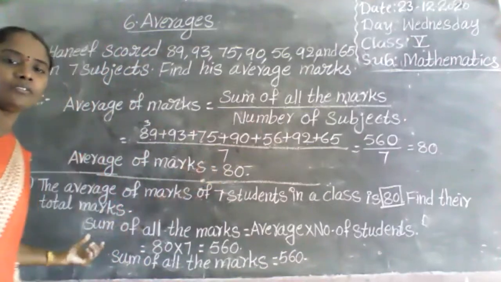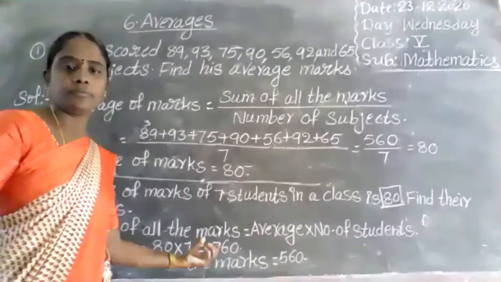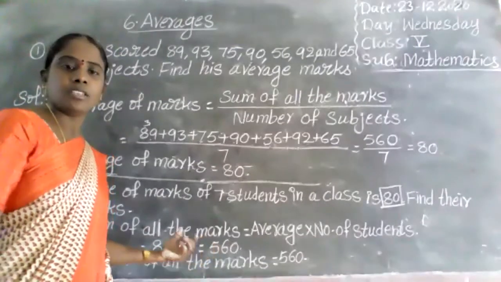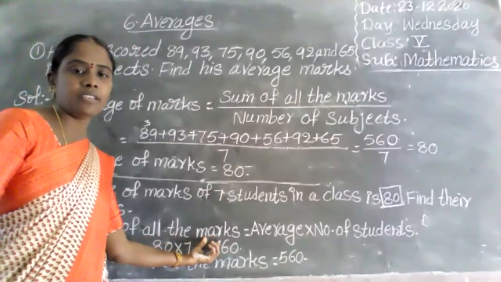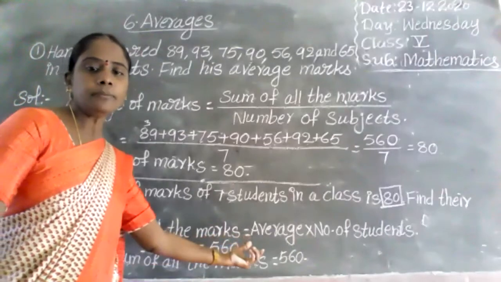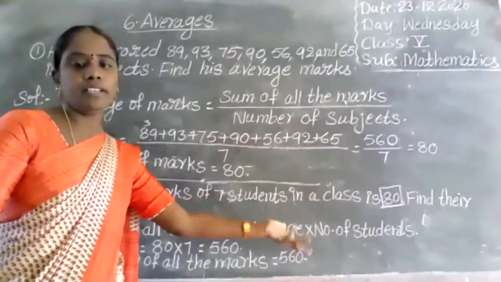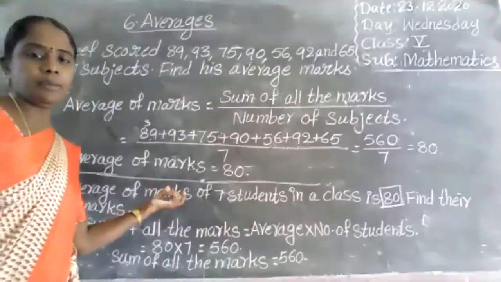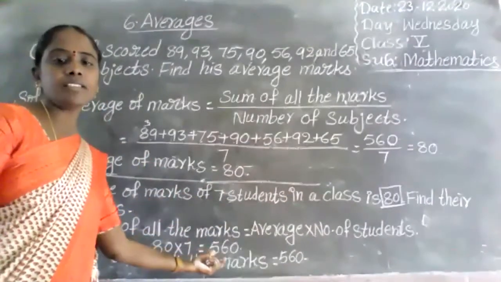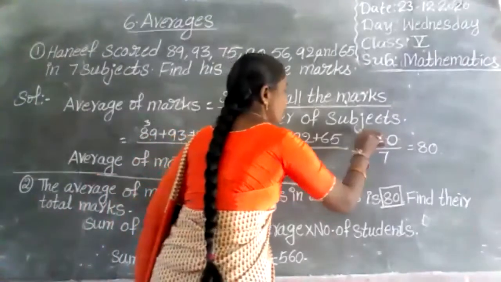What is the principle of sum of all the quantities? Here marks are the quantities. Sum of all the quantities equals average into number of quantities or number of students. Multiply the average and the given number. Here we get sum of all the numbers as 560.